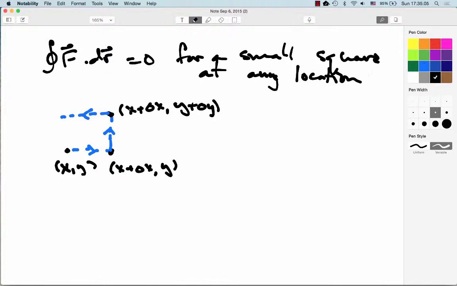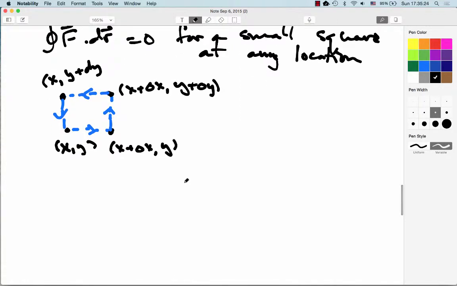So we're closing off our square. That will be located at x comma y plus delta y. And then finally, I return back home. Okay, so that's the path that I have to worry about.